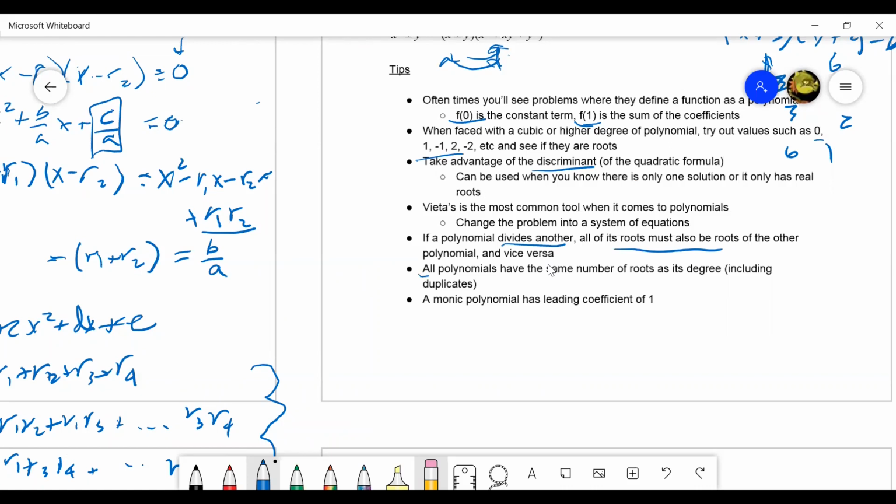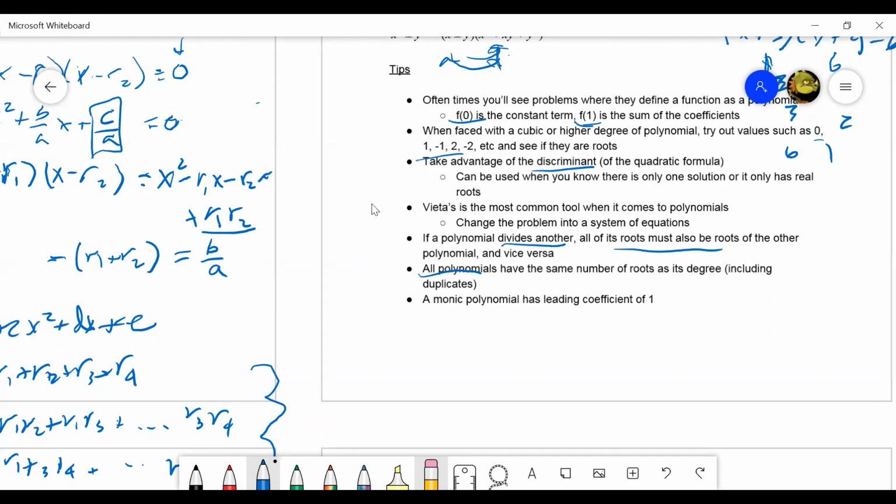And again, all polynomials have the same number of roots as their degree. That's only if you include duplicates. So while x squared plus 2x plus 1 only has one root, which is -1, it's a double root, meaning that both of its roots are -1, because you're multiplying the same thing, x plus 1, twice.